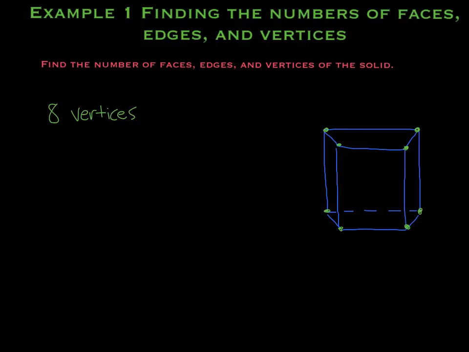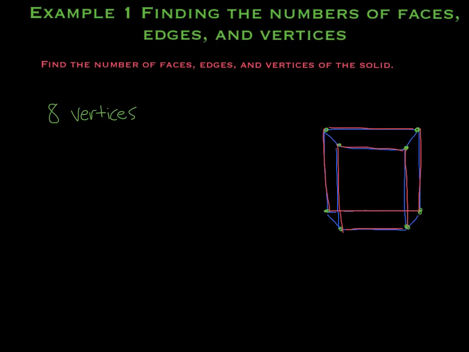Then I like to see how many line segments I have. I'm going to count each line that I can find and mark it in red. So there's 1, there's 2, there's 3, and there's 4. So I did all my across lines. And then I've got 5, 6, 7, 8 lines that go vertical.